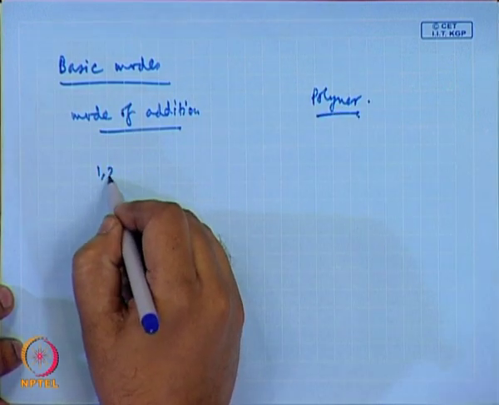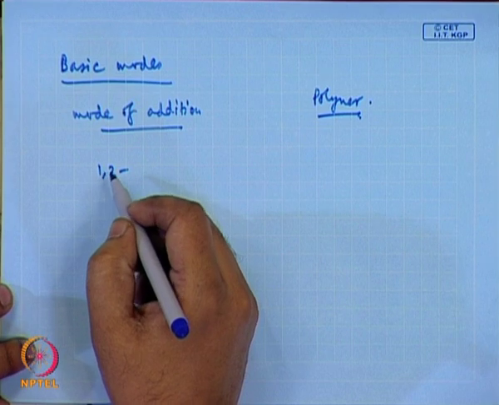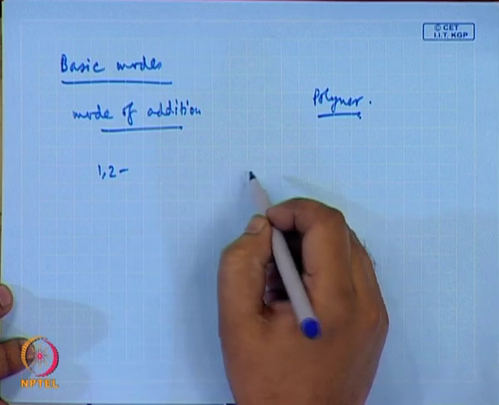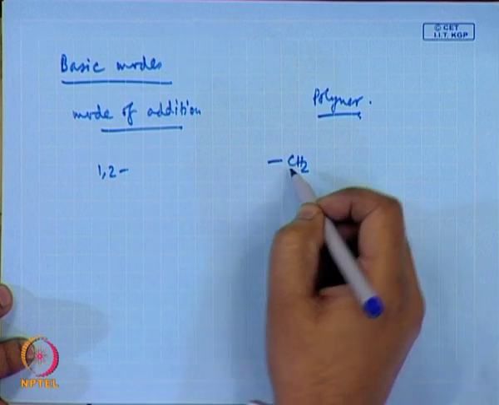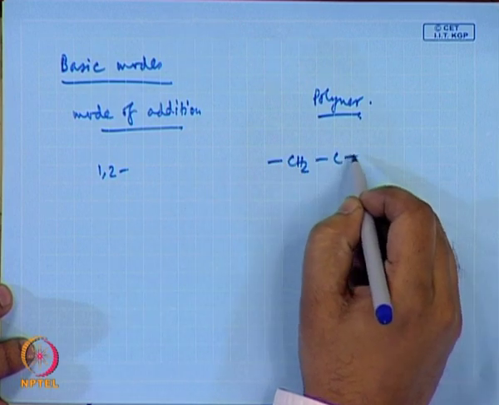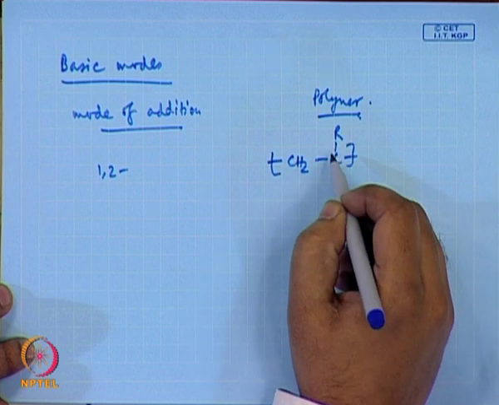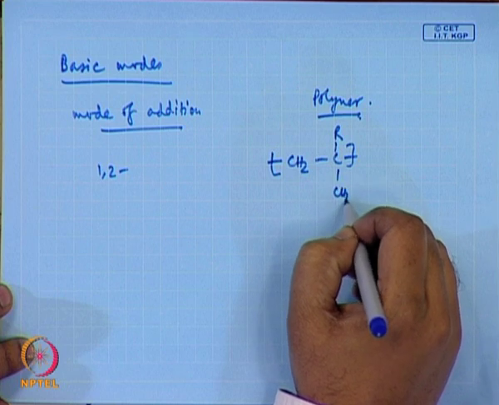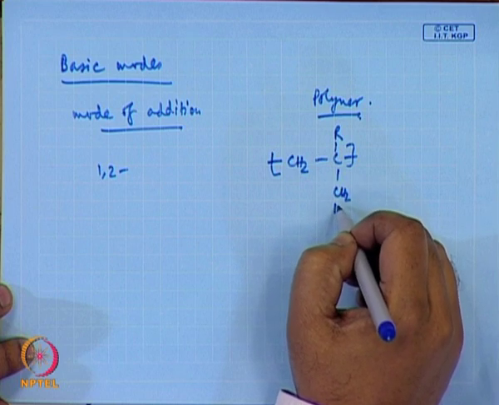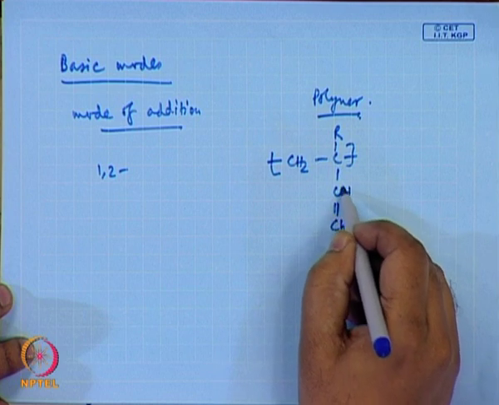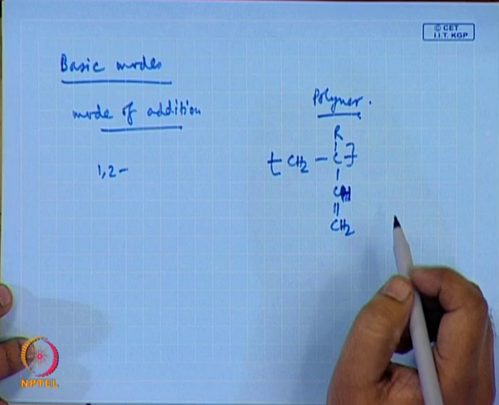If this is a 1,2 addition, then you will get a polymer like this.